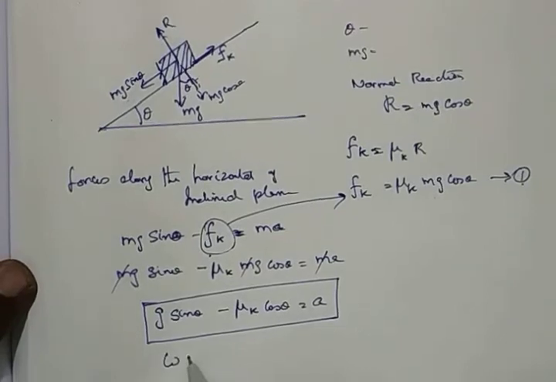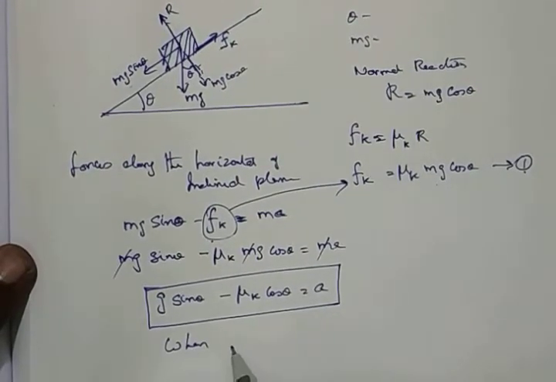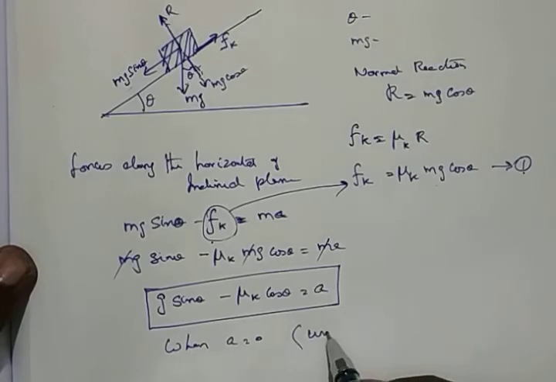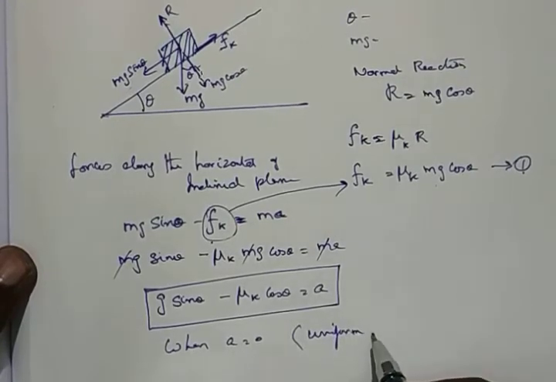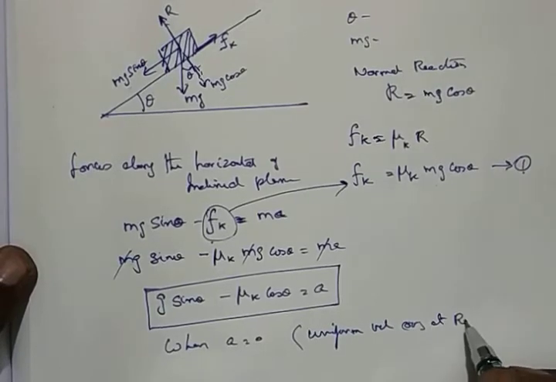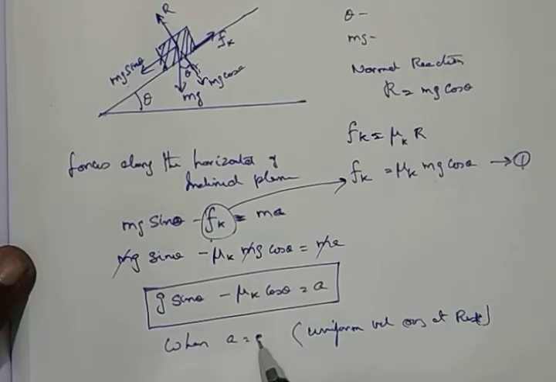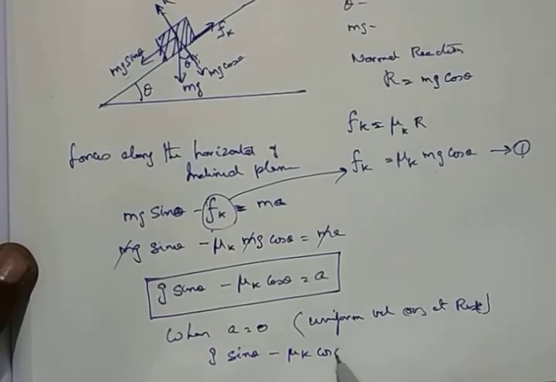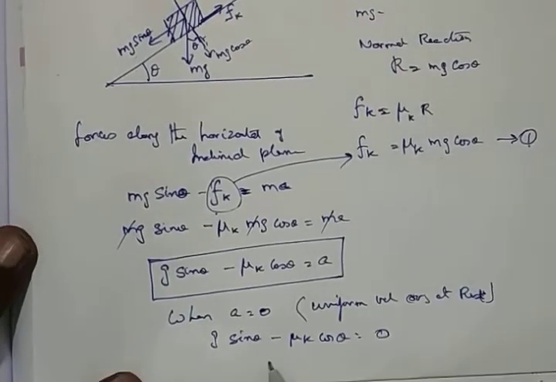When acceleration is 0, the body moves with uniform velocity, or it could be at rest. So anything could be possible. When acceleration is 0, what will happen? g sin theta minus mu k g cos theta is equal to 0.